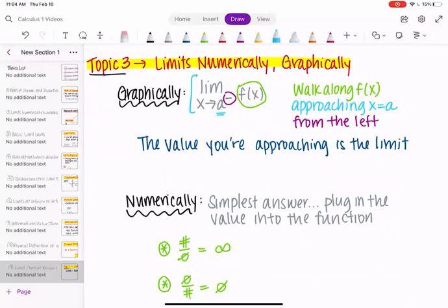If it said x approaches a from plus, that would be from the right side. So this plus or minus tells you which direction to approach the value of a from. You'll find in the example video, I believe video number 2, you'll see why that distinction is important sometimes, because a lot of times they won't match up.